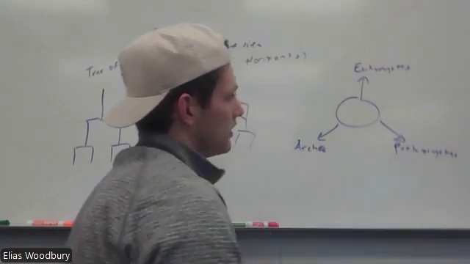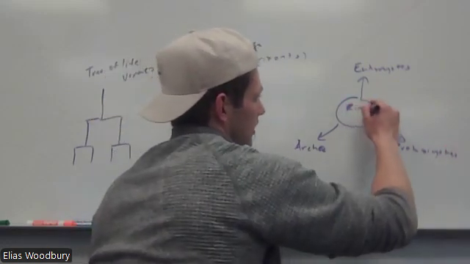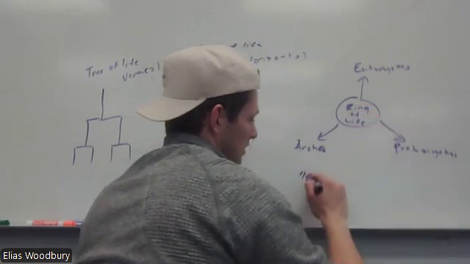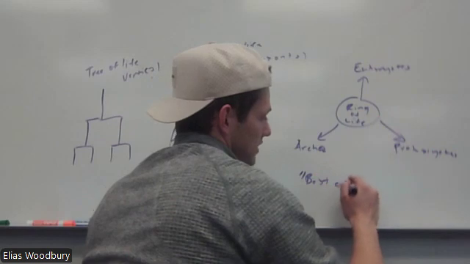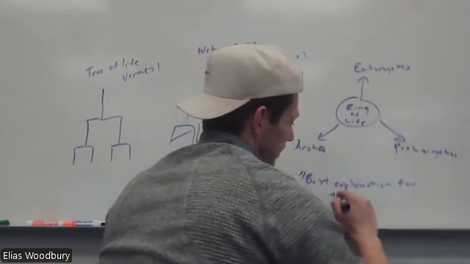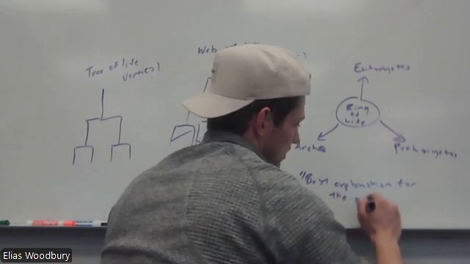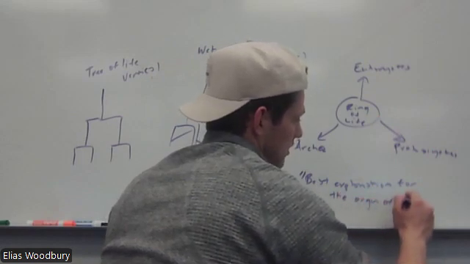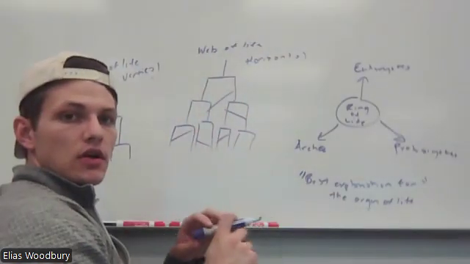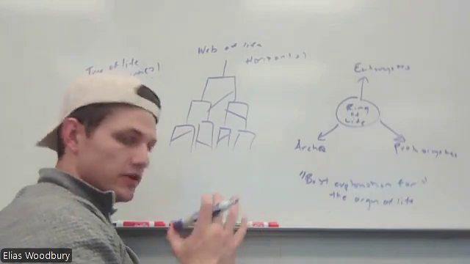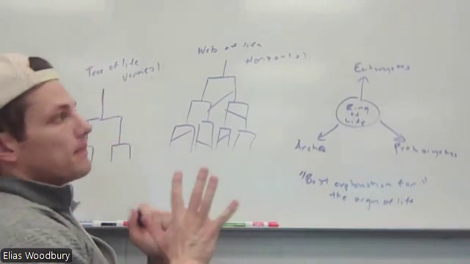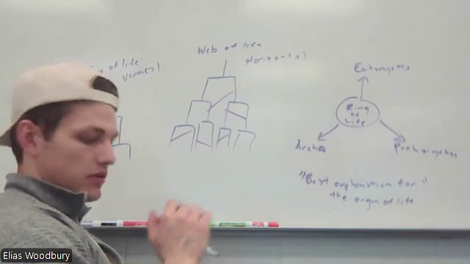This one is the best explanation for the origin of life. And you should know that, okay? So, fairly simple, those three models. If you just know those three and know those things about them, then you're doing really well.